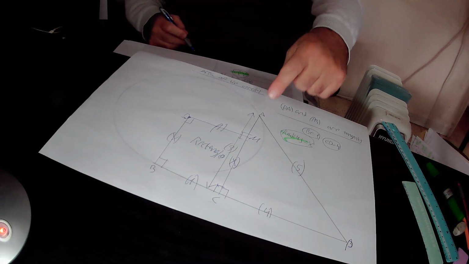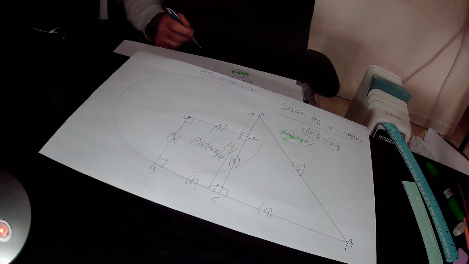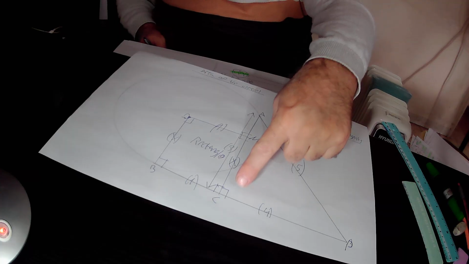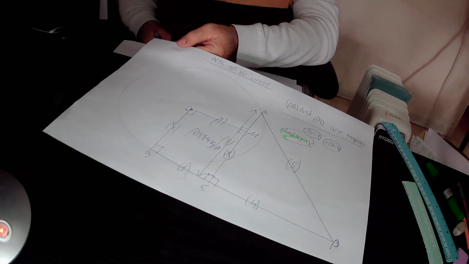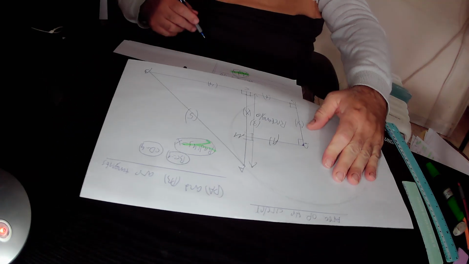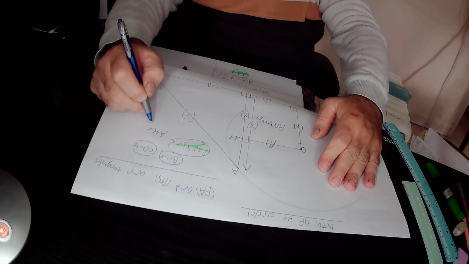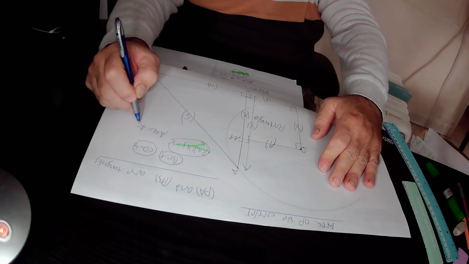What is the length of this missing line segment, AM? From the drawing, it is very easy to see that AM must be equal to AC minus MC. So I'll write it down: AM equals AC minus MC.